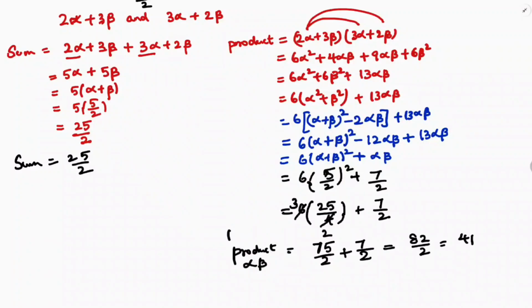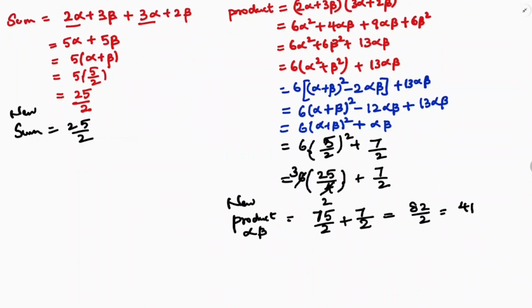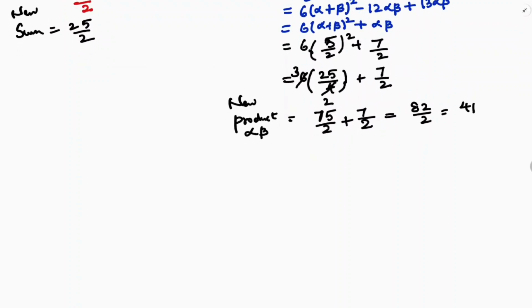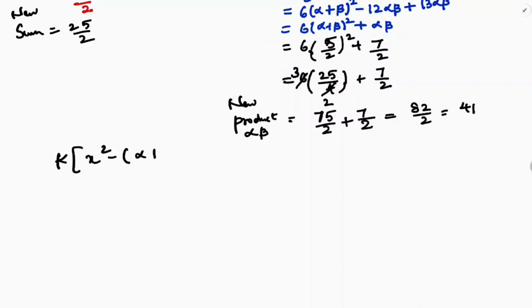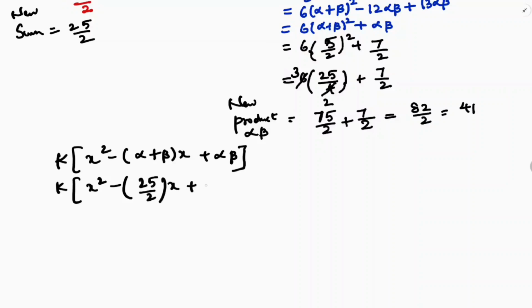So this is about the new zeros, where the new zeros are 2 alpha plus 3 beta and 3 alpha plus 2 beta. Now I'll use the quadratic polynomial, that is k into x square minus alpha plus beta into x plus alpha beta. So k times x square minus the sum, 25 by 2, x plus the product, 41. If I take the LCM, which is 2, I need to multiply by 2.